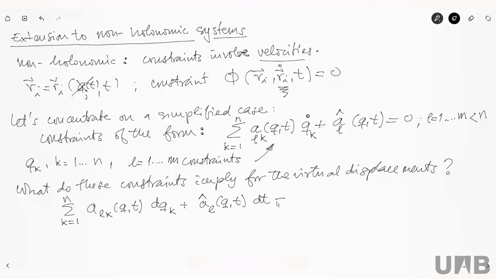You agree with me that this equation that I just wrote down is exactly the same as the constraint that I have up here? Do we agree? Yes. Okay, good. So this is a real displacement.